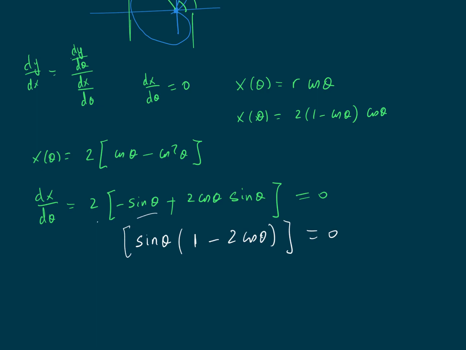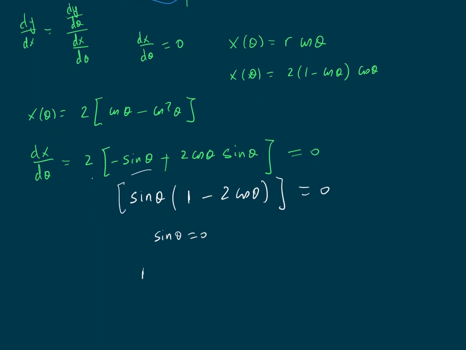So this is equal to 0 when sine of theta equals 0, or when 1 minus 2 times cosine of theta equals 0. Sine of theta is 0 when theta is 0 or when theta is pi.